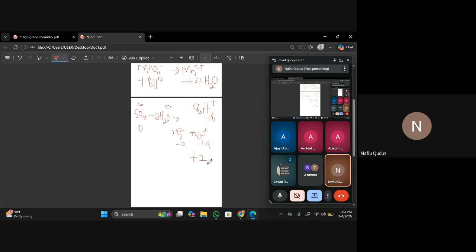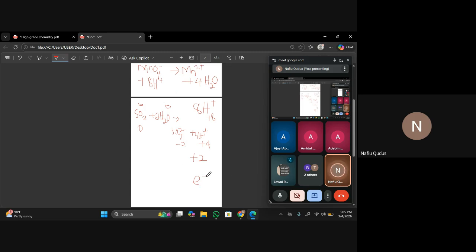We will add electron in this case. How do we add electron? When you add electron, it is e minus, right? It means when electron is added, it will reduce the ions of the equation, right?